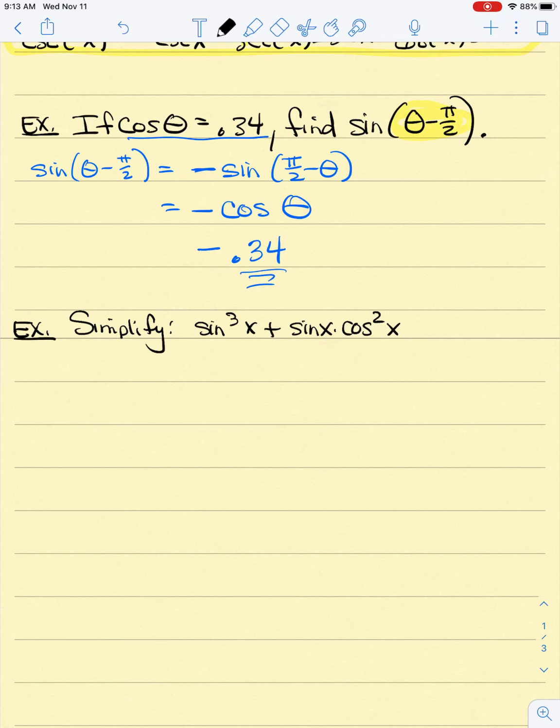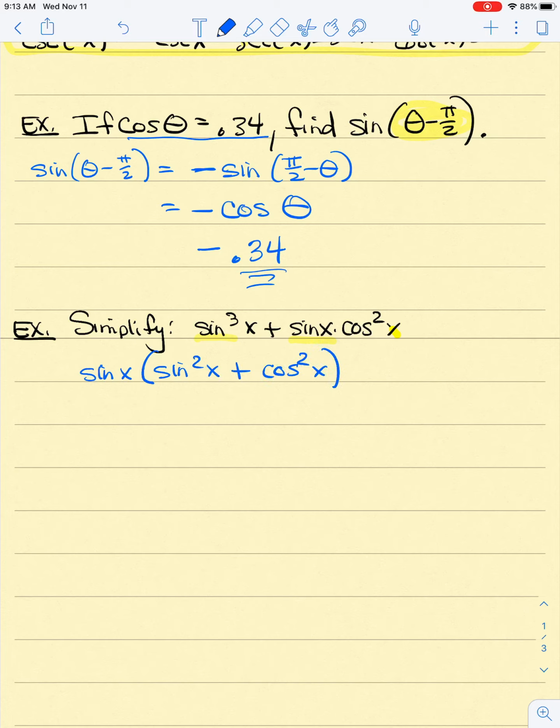First thing I notice, maybe you notice it as well, we have some sines in here. Let's factor one of those out. Let's say we factor out the sine of x. I would be left with sine squared x plus cosine squared x.